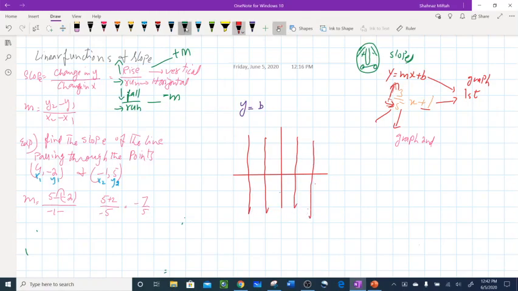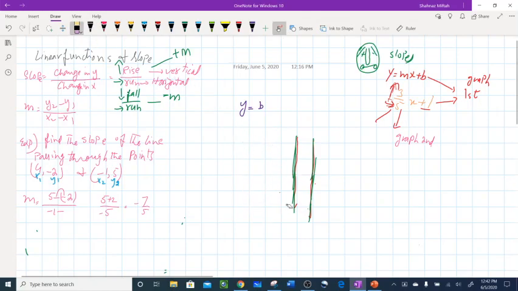So all these vertical lines, I'm going to change their color, probably green. The green ones are all vertical lines. So how do I find the equation for the vertical line? This is getting messy.